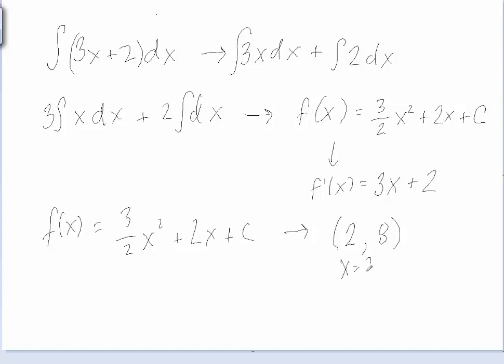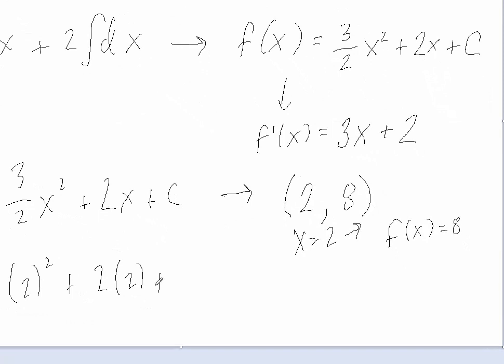So when x is 2, the function value is 8. We just use this information to solve for our constant c. So 8 equals 3/2 x squared plus 2 times x plus a constant.